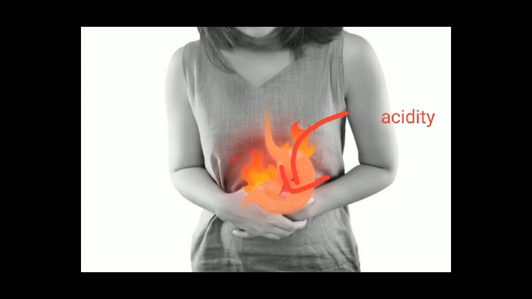But sometimes, due to indigestion, excess HCl is produced, which causes pain and irritation. This is called acidity, or we can say heartburn, because it causes a burning sensation near the heart. So acidity is also known as heartburn.